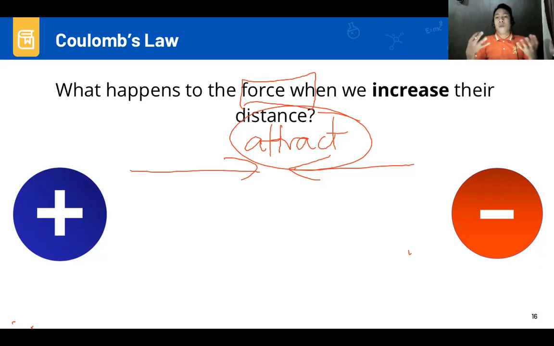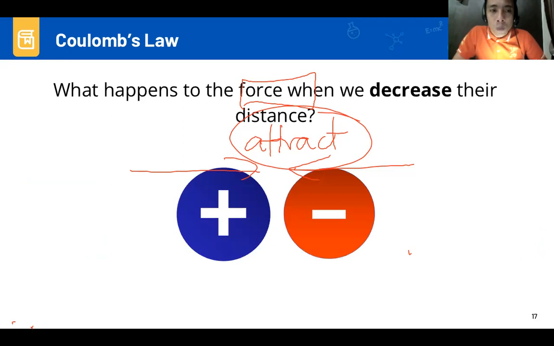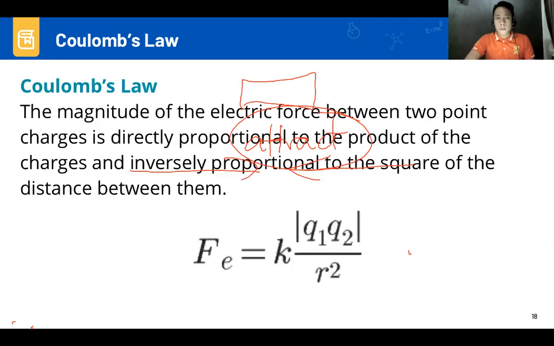Gaano kalakas yung force na yan? Mas malakas ba yung force kapag malapit sila or yung malayo sila? Okay, so we can understand that one. If we decrease their distance, or they are just near to each other, is it greater force or lesser force?